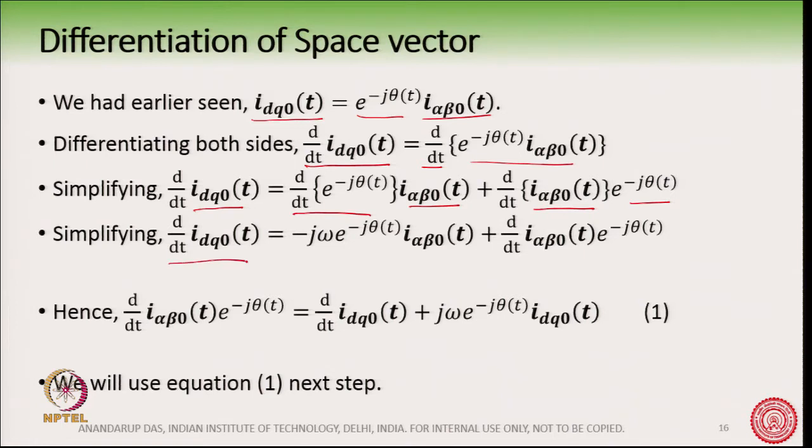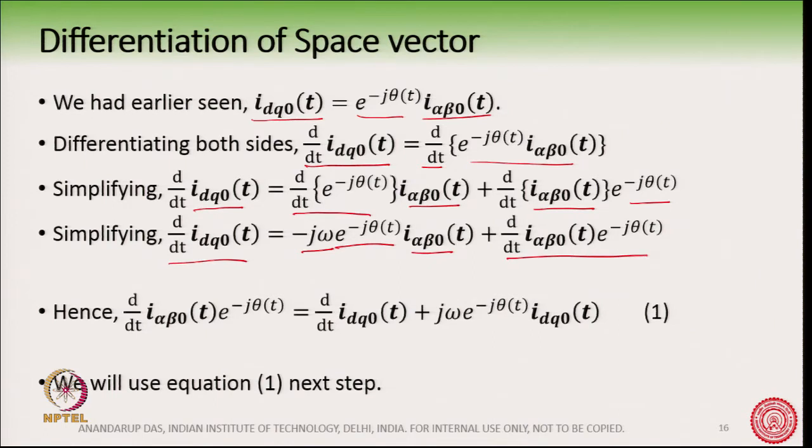Now, the left hand side remains the same, and on the right hand side, the differentiation of e to the power minus j theta is e to the power minus j theta into d theta/dt, and that d theta/dt is j omega here, because we are assuming that theta is rotating at a speed of omega. Then this part comes, and this part is as it is.